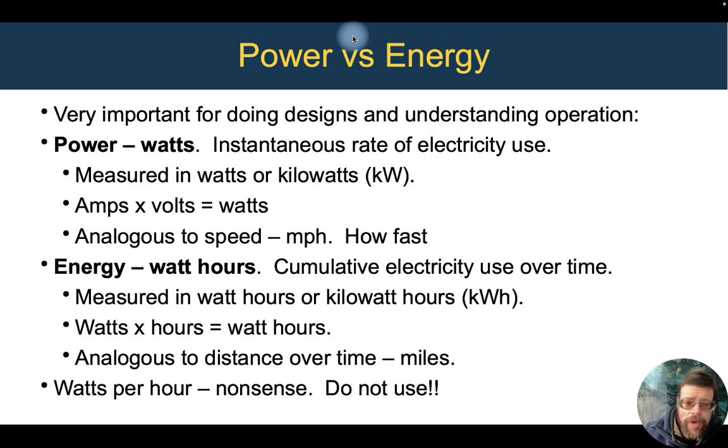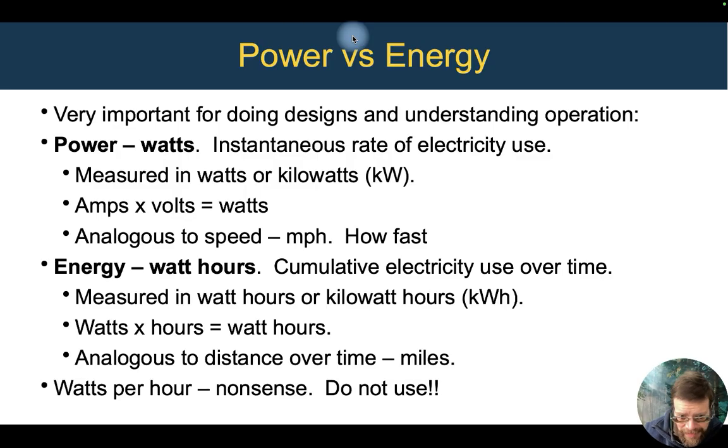Power is watts, the instantaneous rate of electricity use, measured in watts or kilowatts, and often we'll talk about amps, where amps times volts equals watts. This is analogous to speed, or miles per hour. How fast are we going? How fast are we using electricity? It's just a snapshot of an instant. It doesn't really tell us much about what's happening over time.